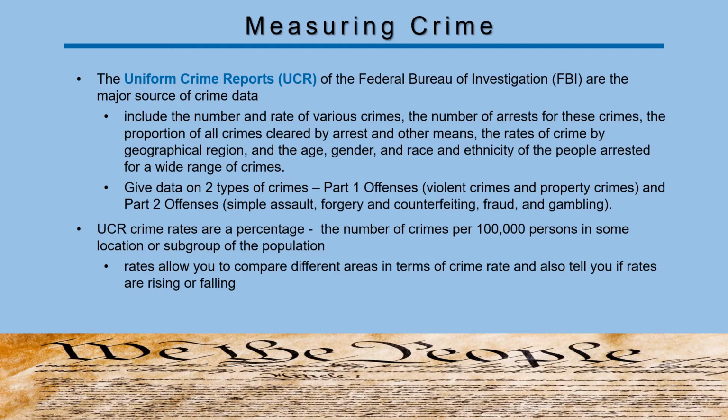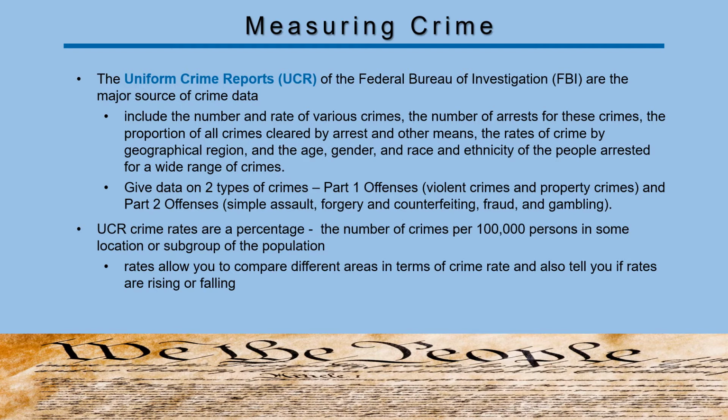It's broken down. There are 8 what we call index crimes, part 1. There are 4 violent crimes, 4 property crimes, and then there are part 2 offenses, which pretty much is everything else. The part 1 data is probably better than the part 2 data. You tend to see them report UCR data as a rate per 100,000 people.